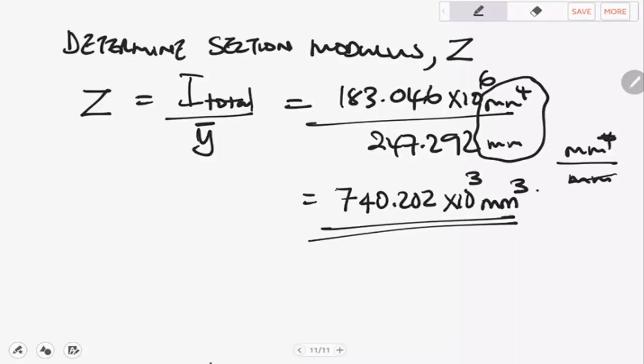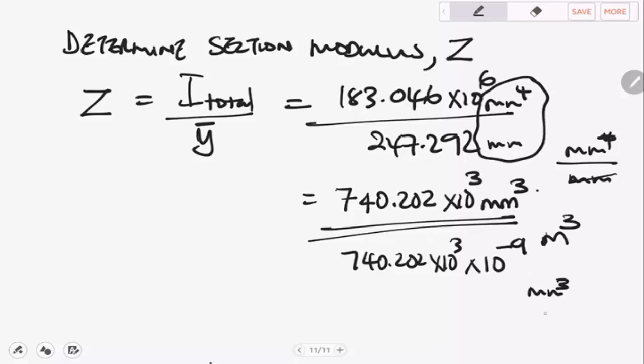Alternatively, if you want to express it as cubic meters, then you have to say 740.202 times 10 to the power 3 times 10 to the power minus 9, because millimeters to the power 3 is 10 to the power minus 3 to the power 3, which becomes 10 to the power minus 9.